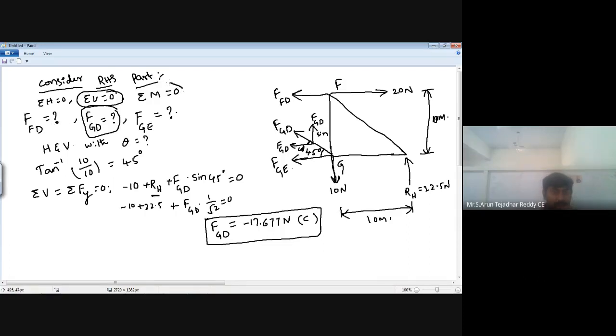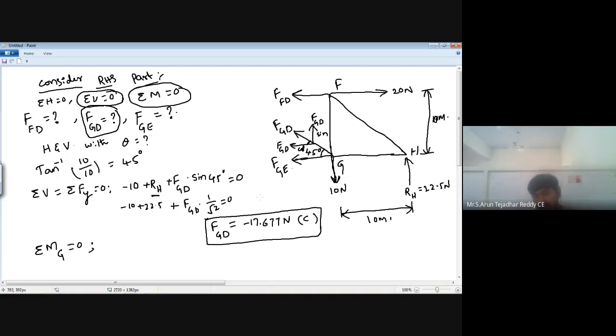Here I am considering the next equilibrium equation, summation of moment is equal to 0. That is, take any one point as a reference. You can take F or G or H, no problem. Here I am considering moment about G is equal to 0.